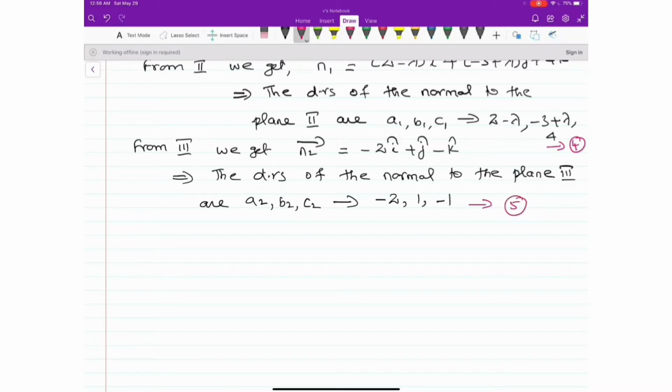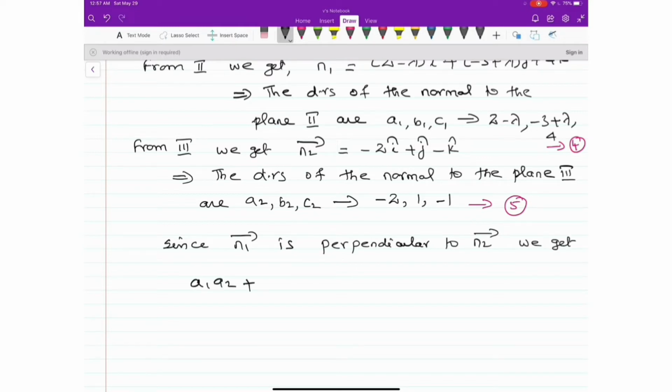Since vector n1 is perpendicular to vector n2, we get a1 a2 plus b1 b2 plus c1 c2 equal to 0. Actually, this is the condition for perpendicularity.